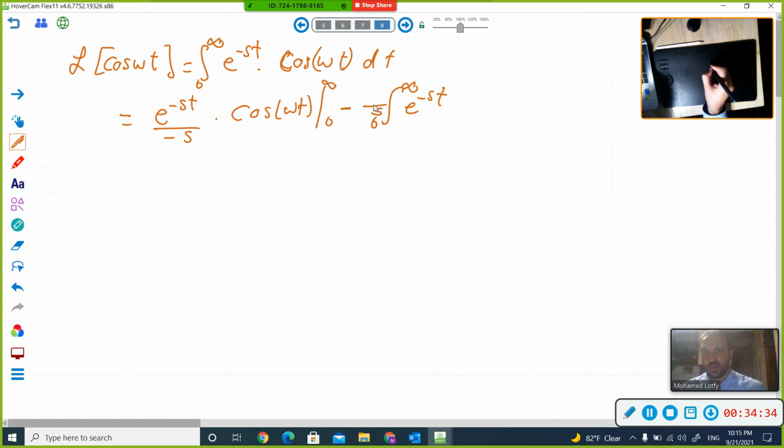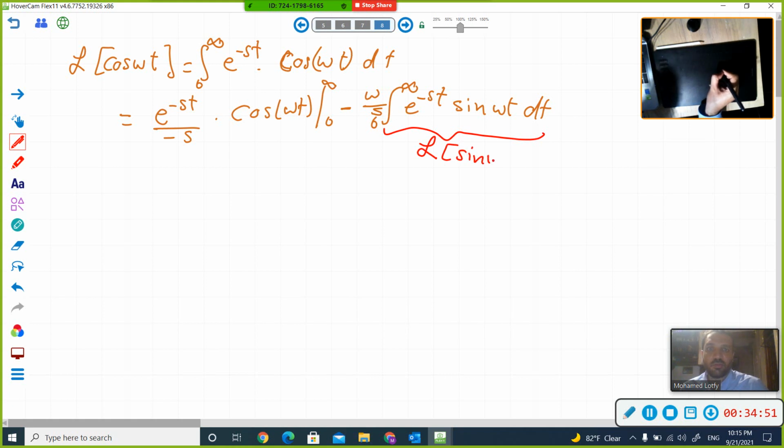This is the omega from the derivative, and this is sine omega t dt. Take care, what about this expression? This is the Laplace transform of sine omega t, which we have already proved to be omega over s squared plus omega squared.